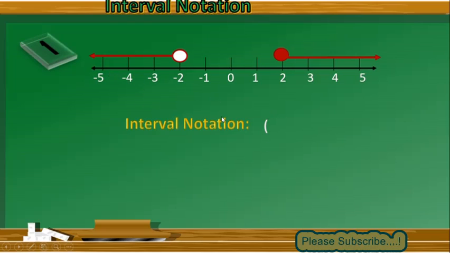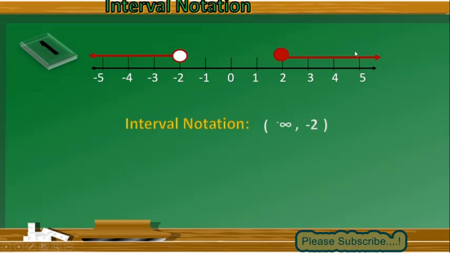So we have negative infinity, comma, negative 2, then since it is open, parenthesis.